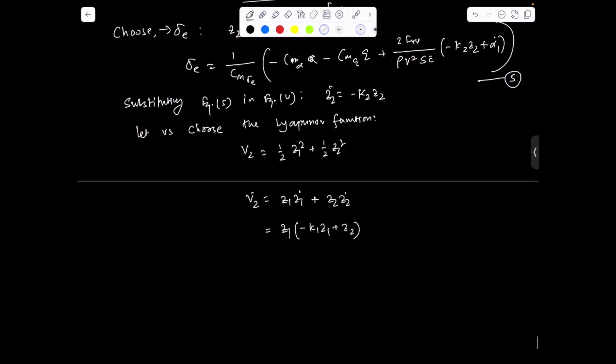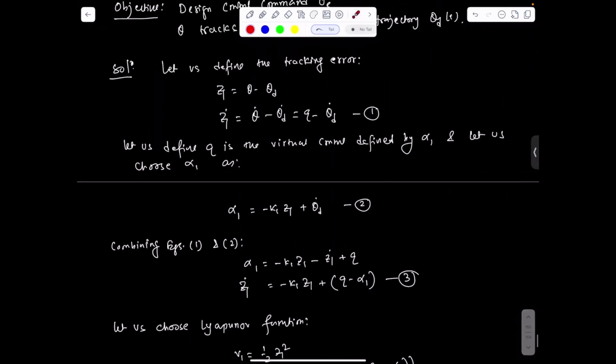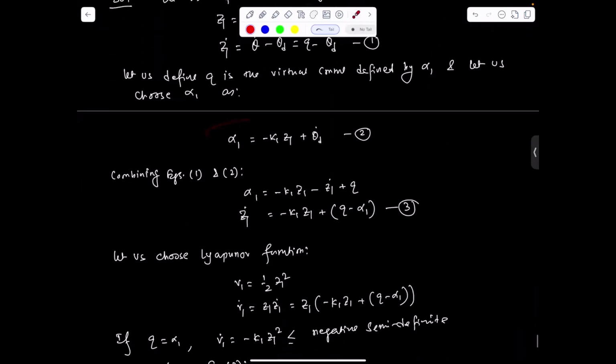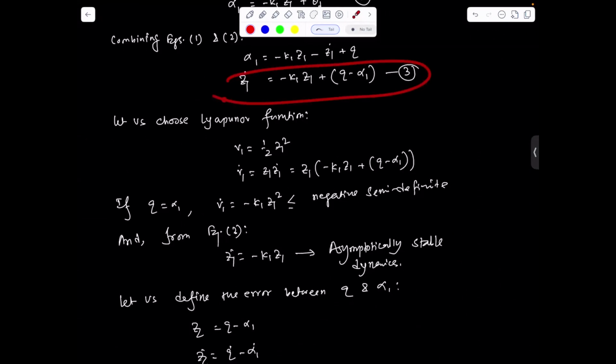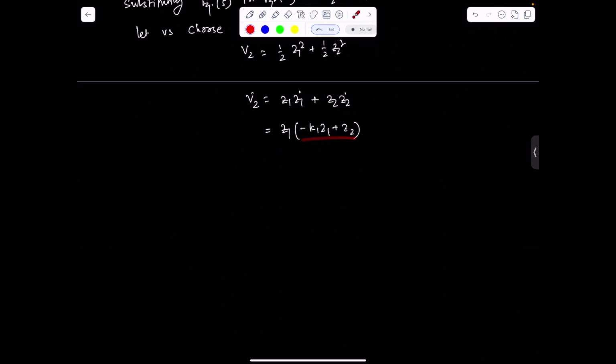This we can easily write from equation 3, where we have defined this G2.